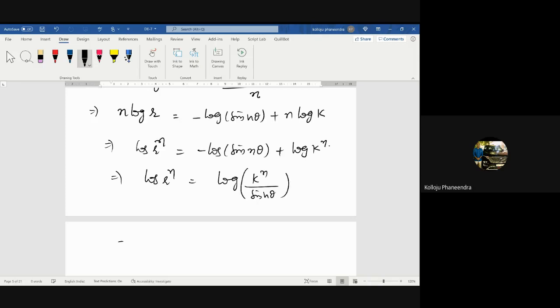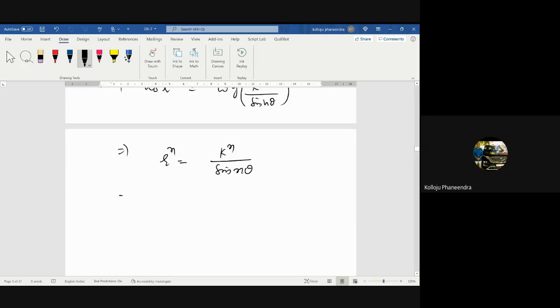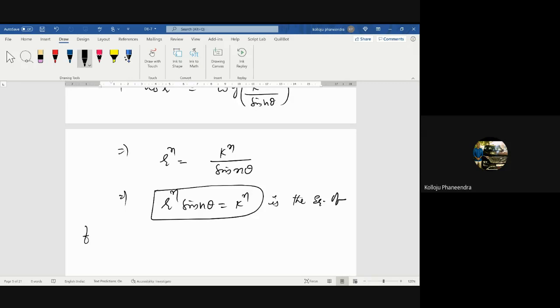So the value is r to the power of n equal to k power n over sine n theta, right? So r to the power of n sine n theta equal to k to the power of n is the equation of the family of orthogonal trajectories for the curve 1.